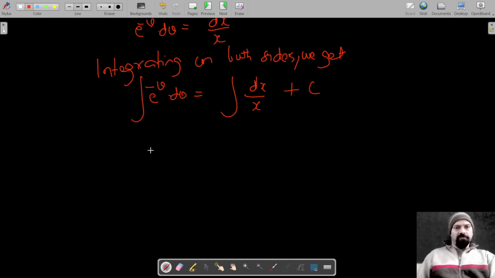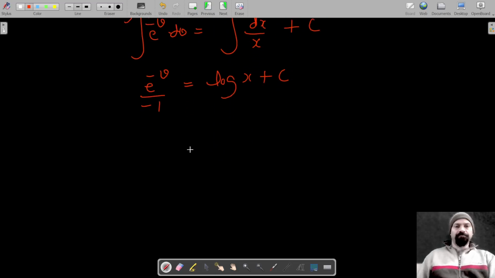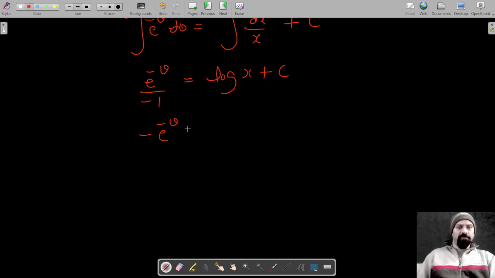The integration of e raised power x is e raised power x, but it's negative v, so divided by negative 1, is equal to log x plus c. So negative e raised power negative v is equal to log x plus c. Replacing v with y by x, negative e raised power negative y by x is equal to log x plus c.